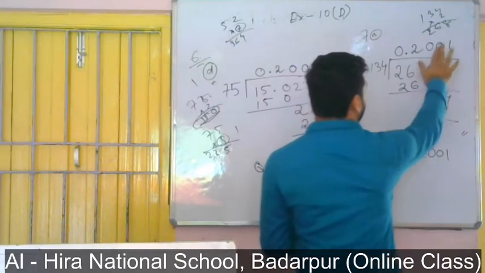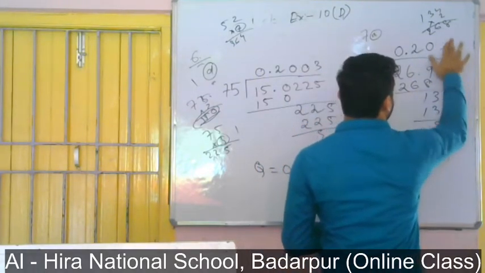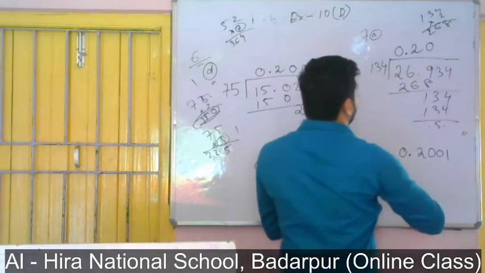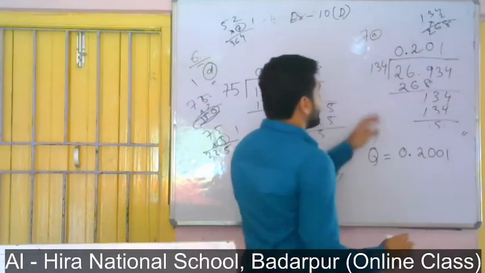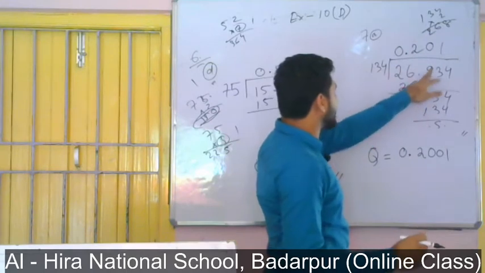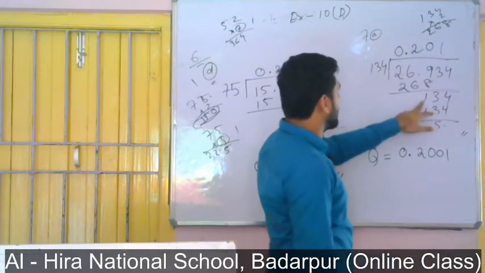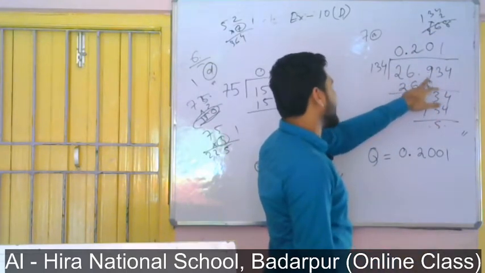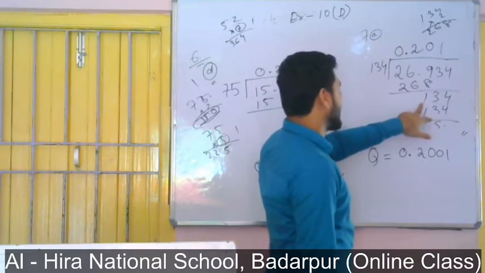You see here I have added an extra 0 and that is wrong. 134 2s are 268. Then 9 minus 8, here 1.